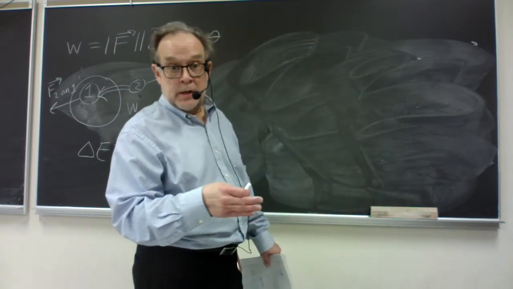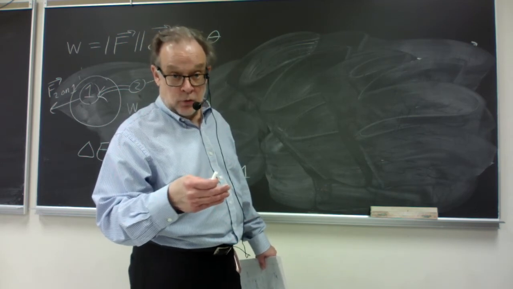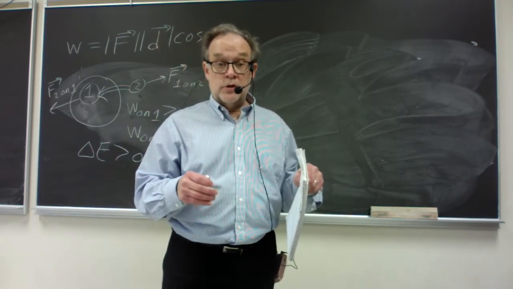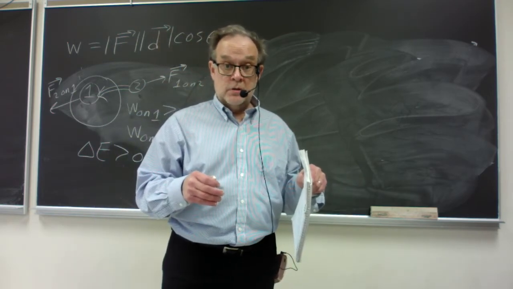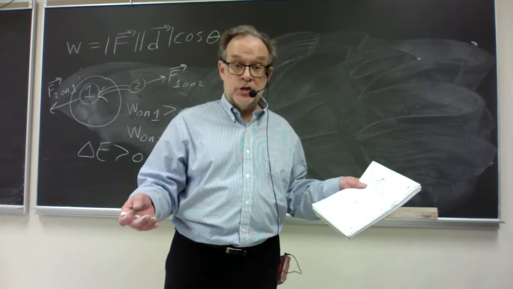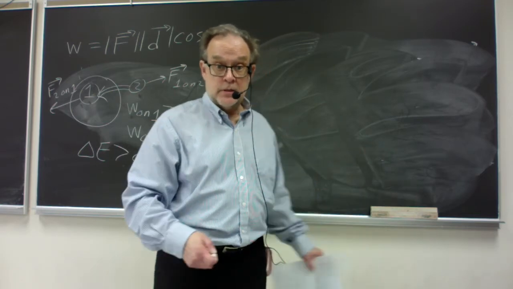And in the first example, we saw that work was done by an internal force, that is, a force that is not external, a force that had for its source some piece of the system. In that case, work was done, but that just shuffled energy around entirely within the system.